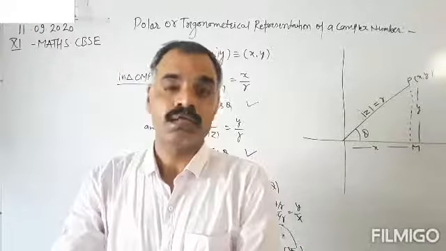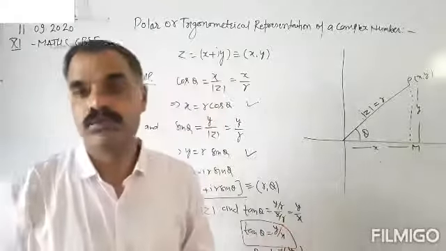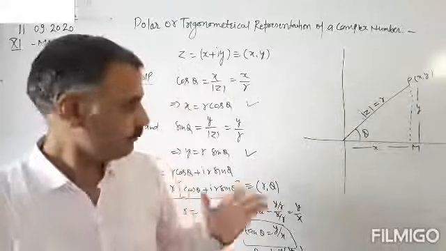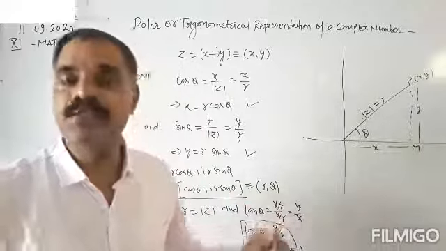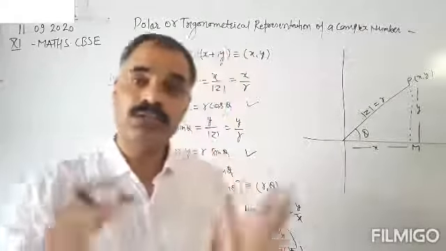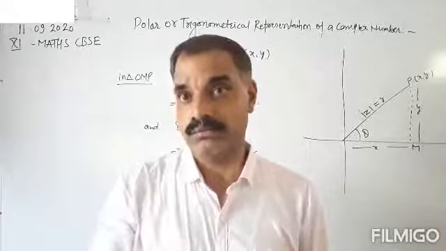Now, what should be the algorithm to find this amplitude? First of all, we will find the angle theta in the first quadrant.